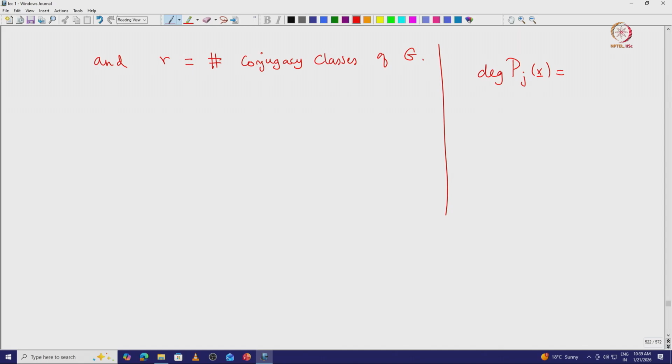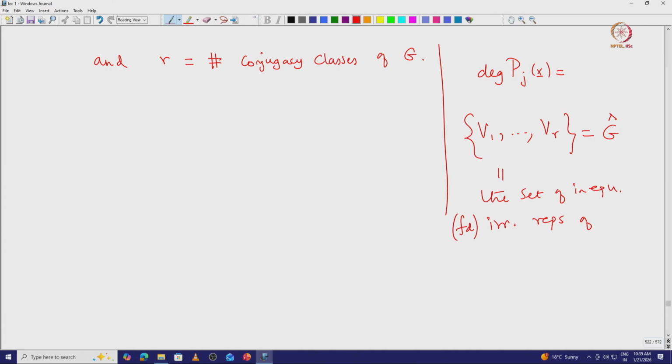If we take V_1 through V_r to be the set of inequivalent irreducible representations, let us say this is exactly G hat, the set of inequivalent irreducible finite dimensional representations of G, then this p_j is indeed related to V_j, and the degree of p_j is exactly the dimension of V_j, which is the degree of that irreducible representation. This will be made very explicit while proving the theorem.